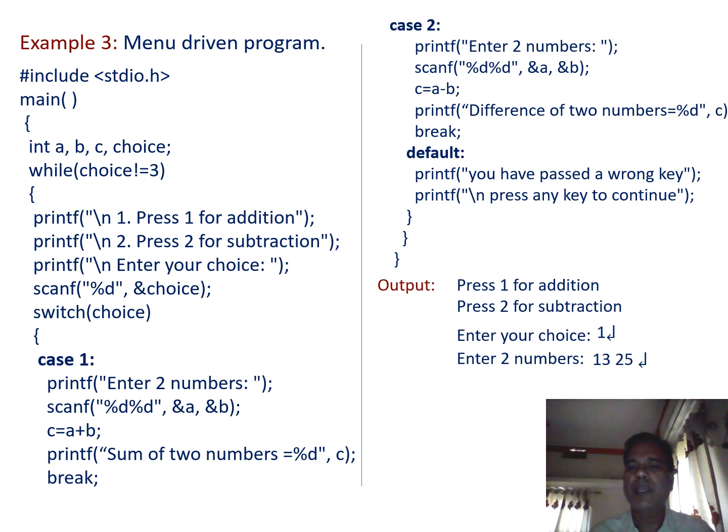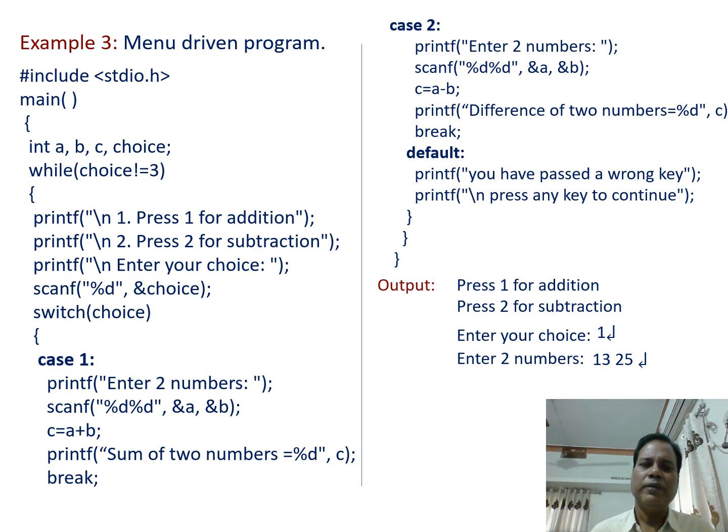When we enter the two numbers, these numbers are stored in the variables a and b, and then the addition of them is found and assigned to the variable c, and using the next printf statement, the result is displayed, that is, sum of two numbers equal to 38.